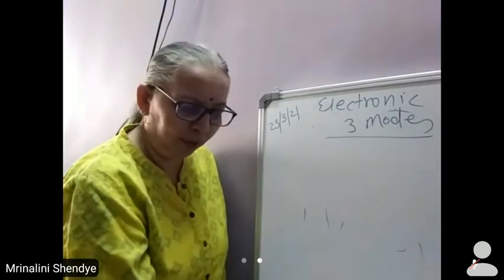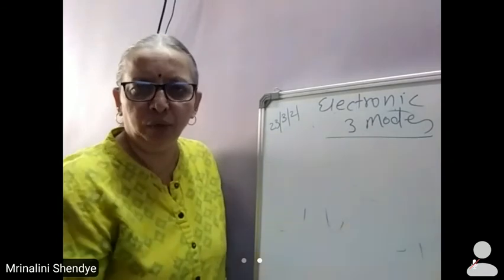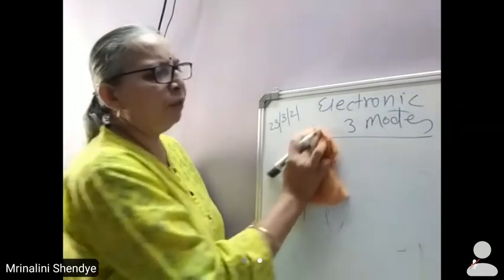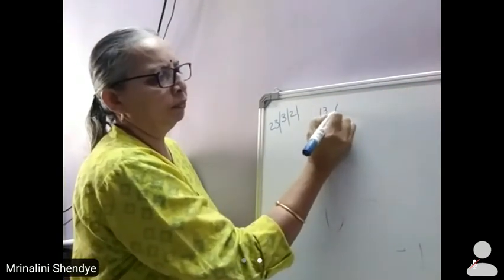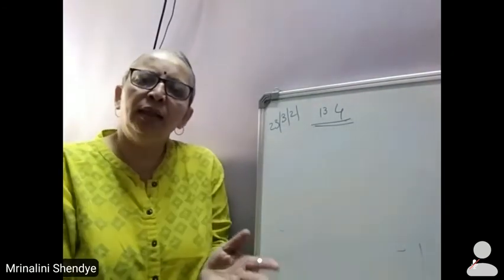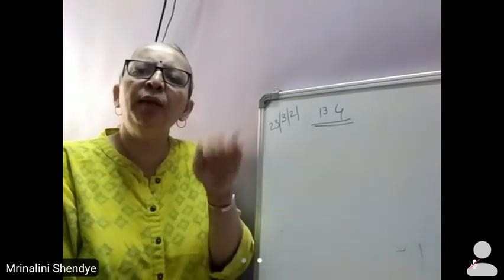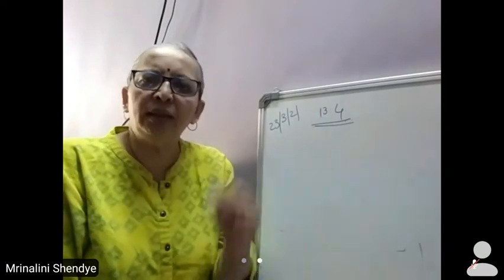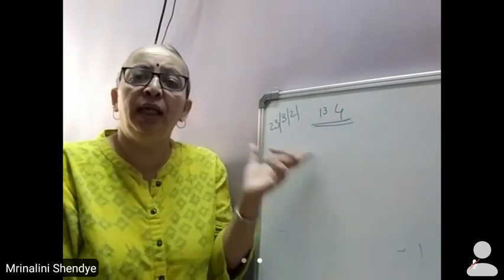So we have switched over to page 235. Get page number 235. We start with article 13.4. So first we discussed what is communication, what are the elements of communication system. Now we'll proceed further. When the transmitter transmits a message signal, what are its limits?